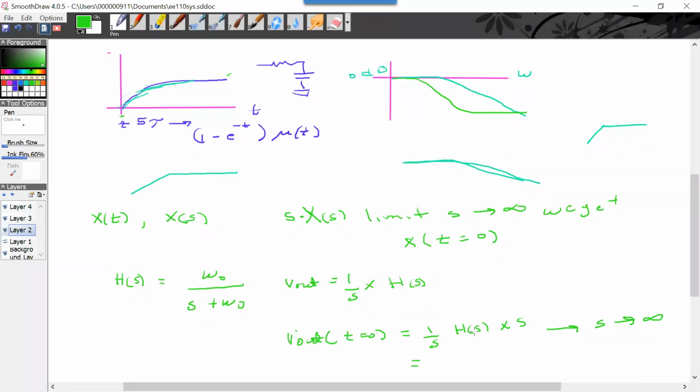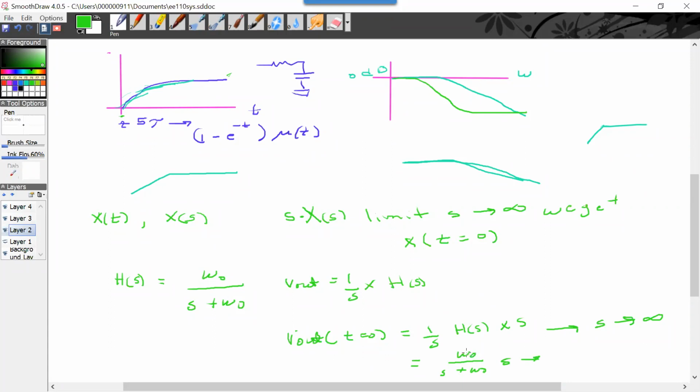So we're right back where we were with the transfer function. We let S go to infinity, and we get omega naught divided by omega naught. No, sorry.